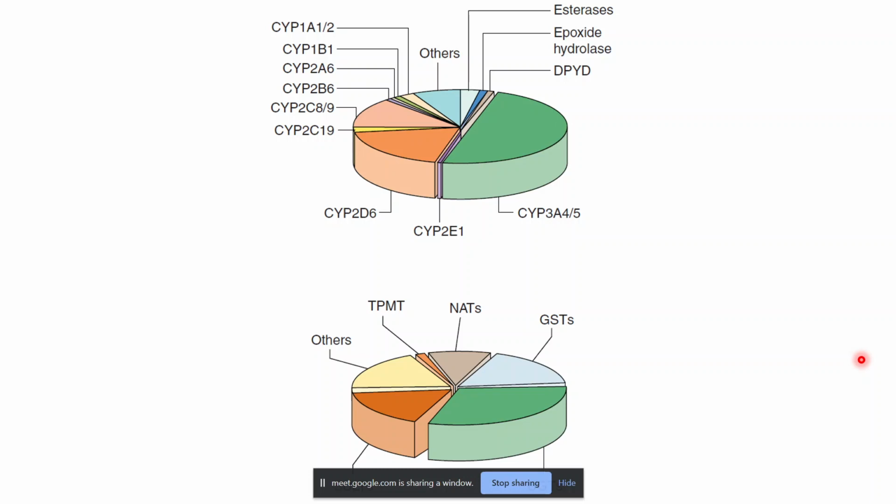There are also suicide inhibitors that attack the heme or the protein moiety, and that includes steroids like ethinyl estradiol, norethindrone, and spironolactone.